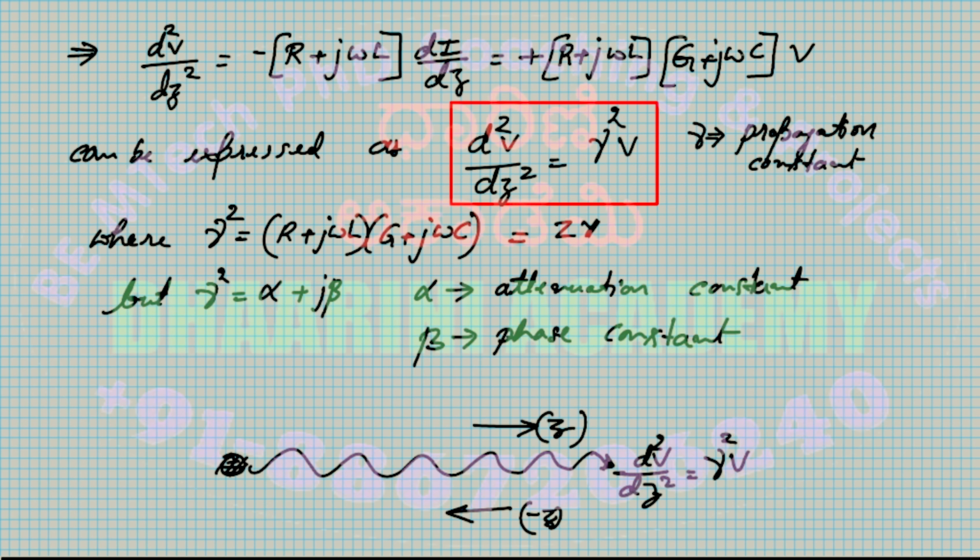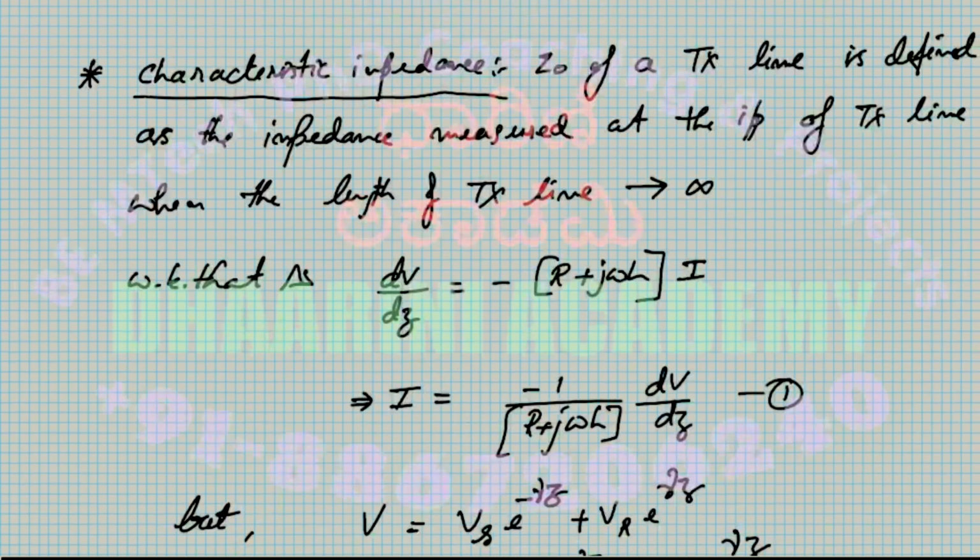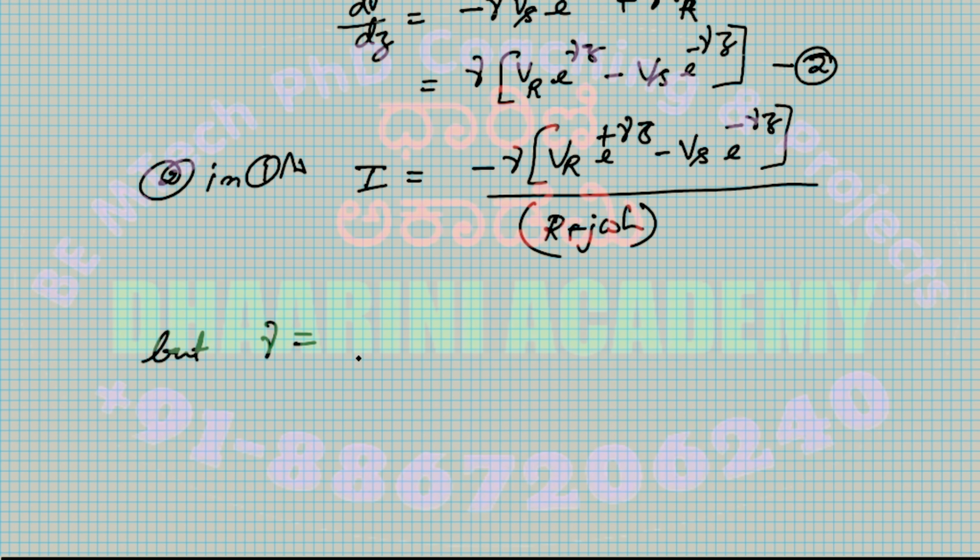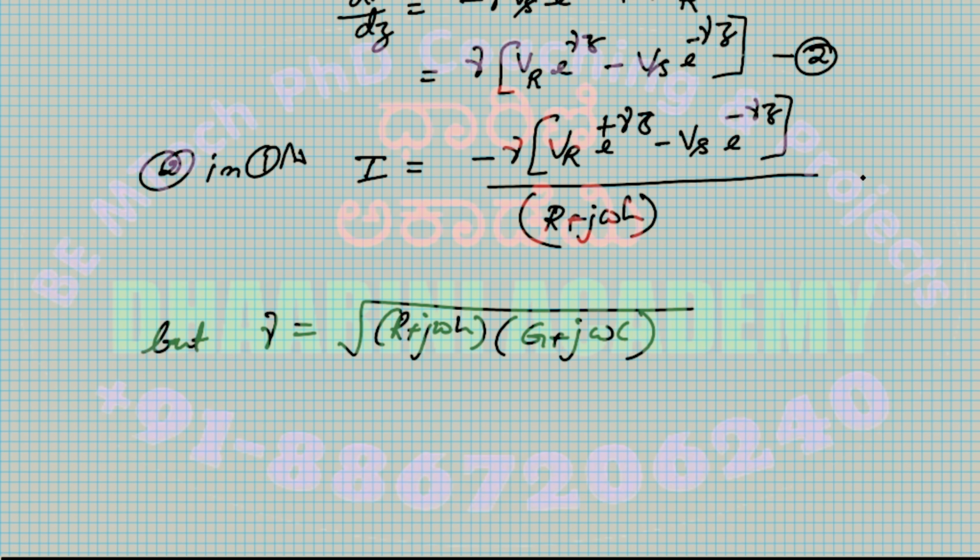That means gamma is equal to the root of that. So gamma is equal to the square root of (R plus j omega L)(G plus j omega C). So this is 3, this is 4.